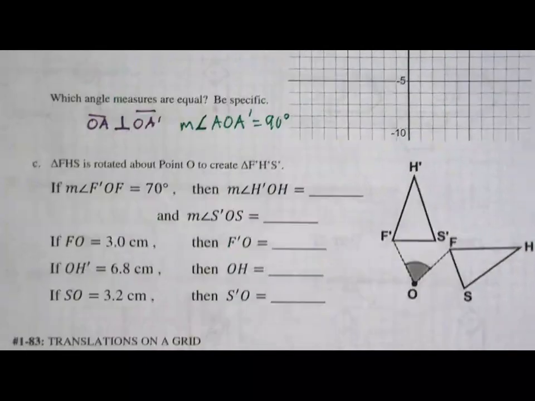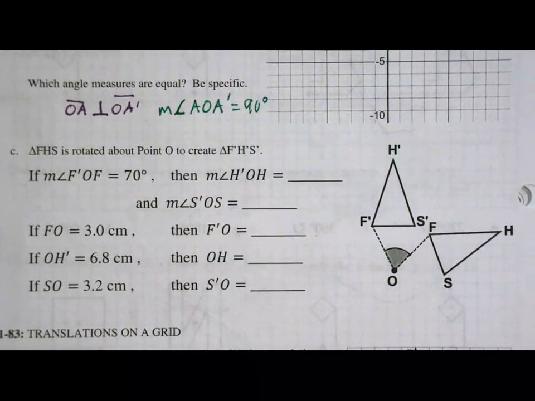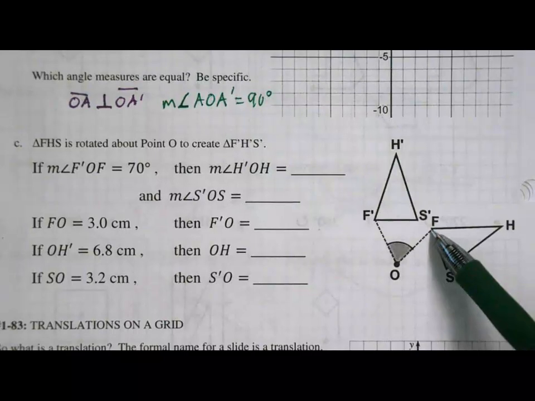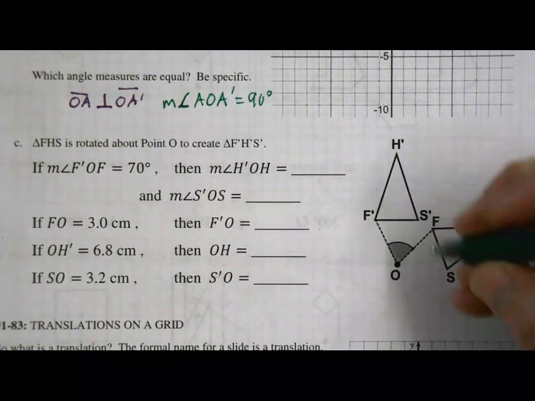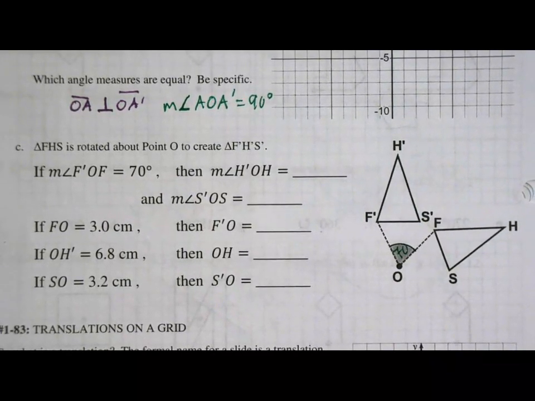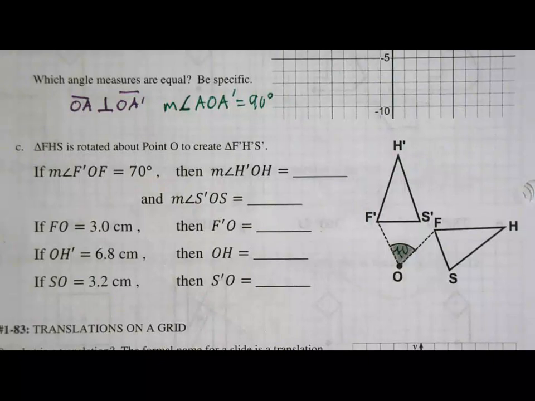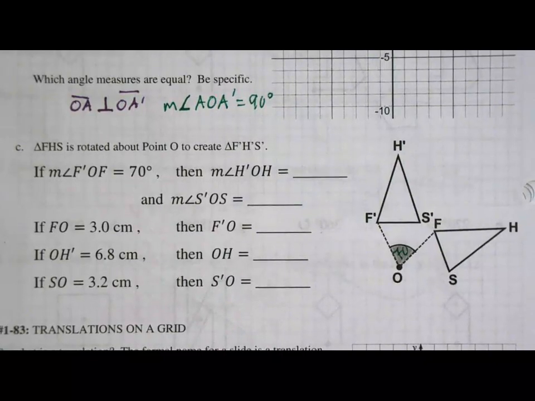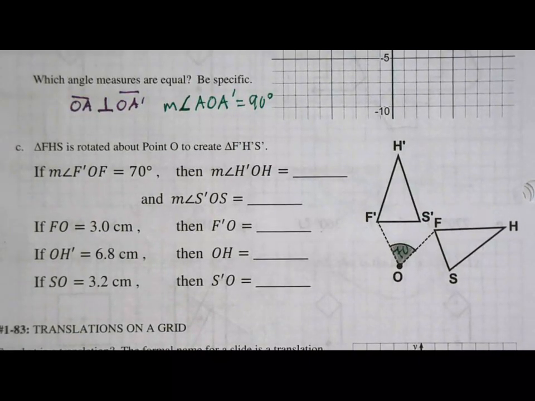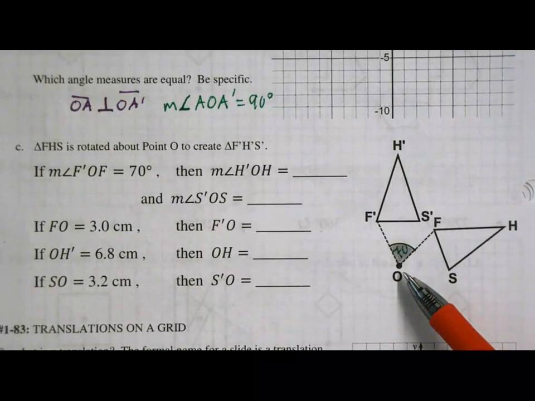All right, so we're going to use that to fill out some values here. So if I tell you that if I measure this angle right here, and this ends up being 70, guys, look up here for a second, because this is a little confusing the way that I've written this.